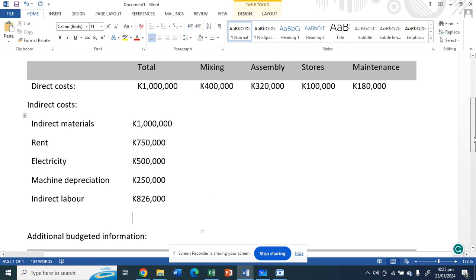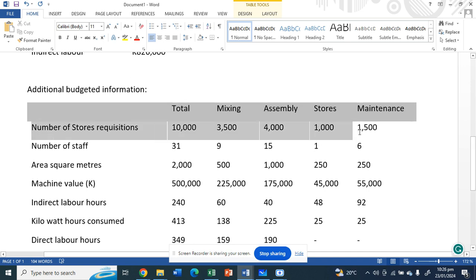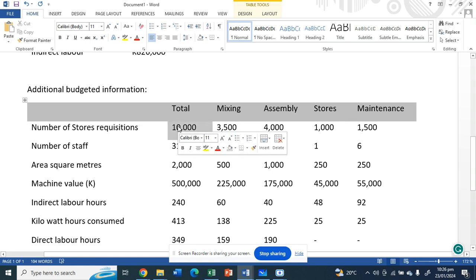Okay, so we're going to start with indirect materials. We're using number of store requisitions. Basically, how we're apportioning these overheads, when we start with the mixing department, if you add 3,500 plus 4,000 plus 1,000 plus 1,500, they give you 10,000.